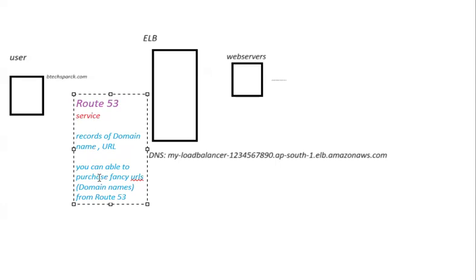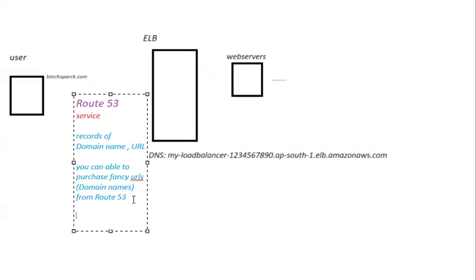So this Route 53 will maintain my records of both my domain name as well as URL, and then it routes my traffic whenever users request my domain name, to my website URL. It just routes the traffic from the domain name to the URL, and it even provides me the fancy URLs for my domain names. Whatever domain name I request, Route 53 provides me fancy URLs for it.